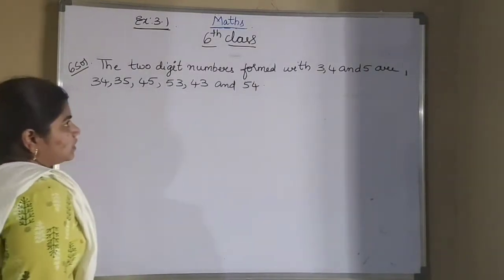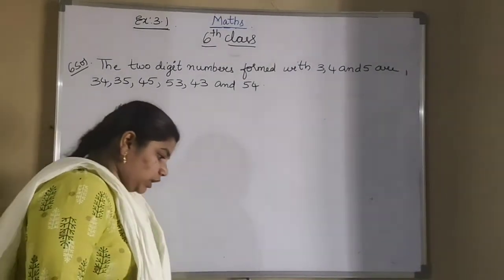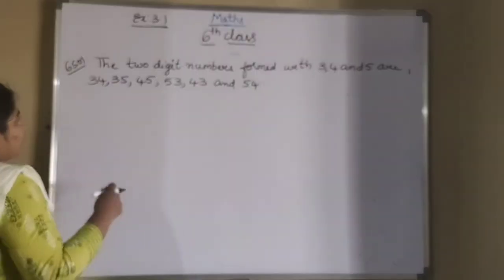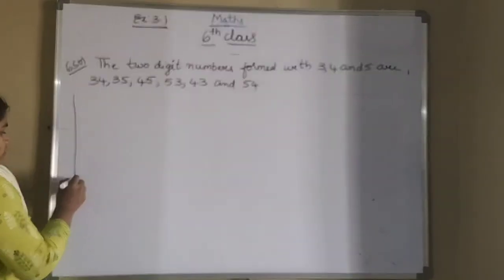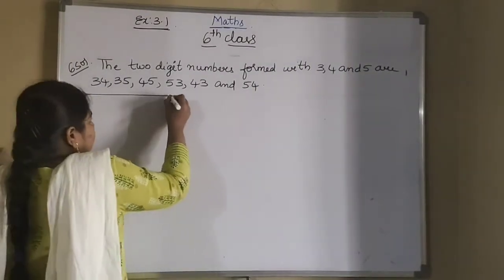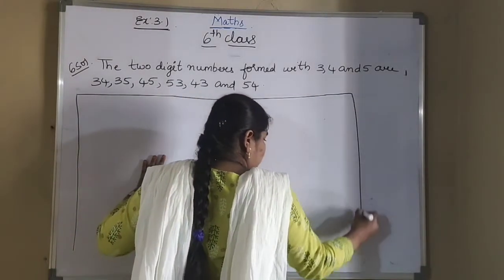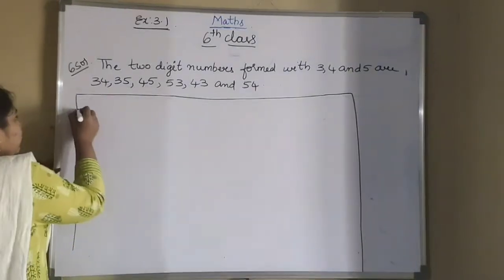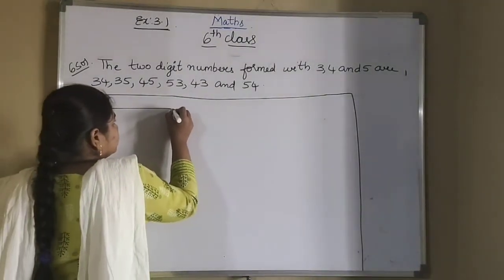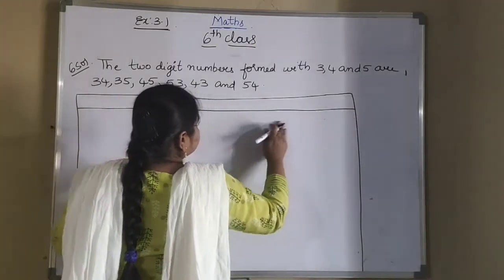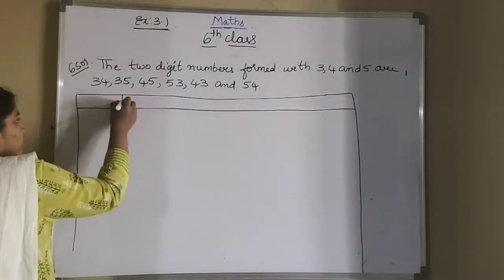So whether these numbers are divisible by 2, 3, 5, 6 and 9, we have to check. So for that I am drawing one box. So what are the given numbers here, you write first. This is the two-digit number.